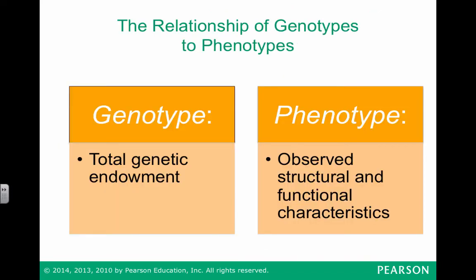The relationship of genotypes to phenotypes. Genotype refers to our total genetic endowment. That's what we come into this world with, the personality, the temperament, and all the different traits that we have genetically. And phenotype is the observed structural and functional characteristics.